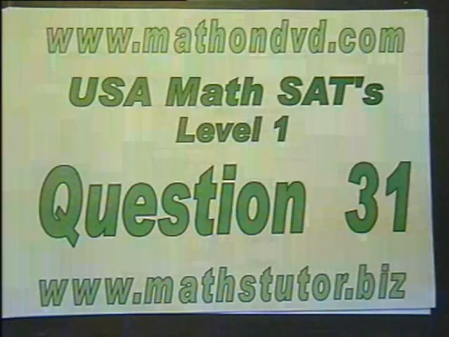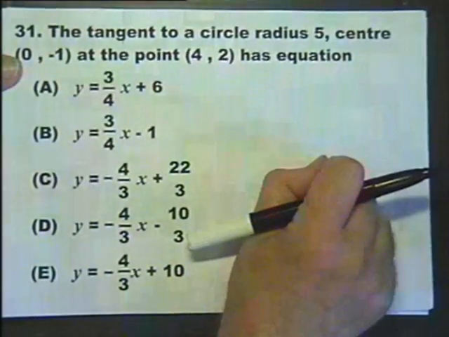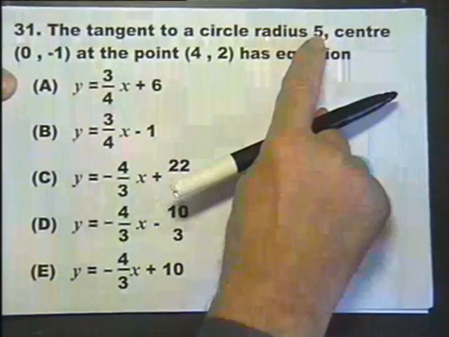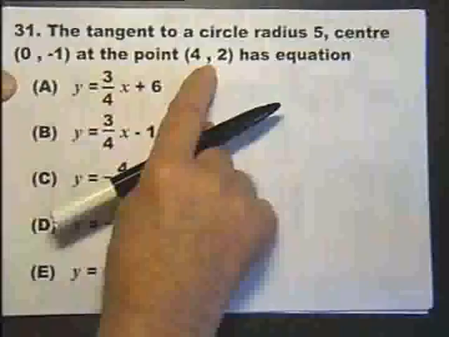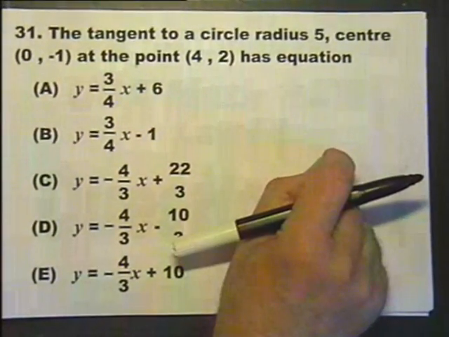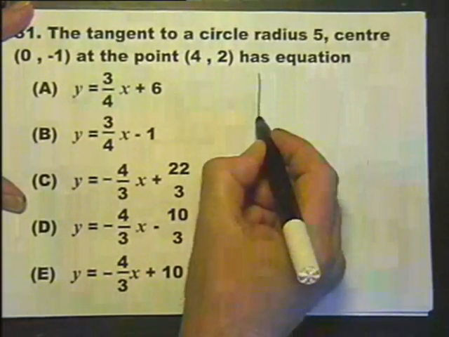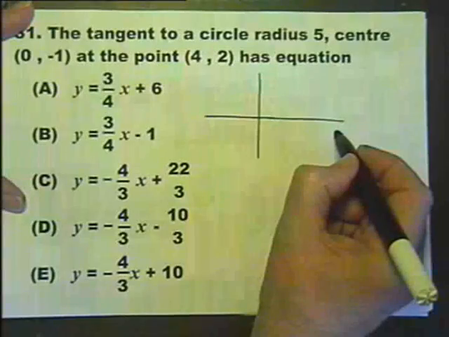Math SATs Level 1, question 31. The tangent to a circle with radius 5 and centre 0, -1 at this point has which of these equations? We don't have to draw a diagram, but if it doesn't take too long, it could help us get our head round it.